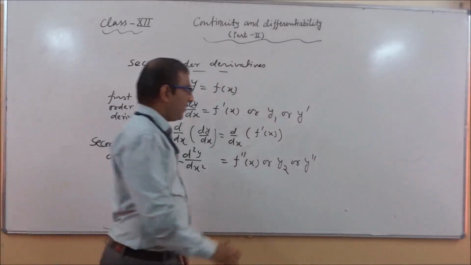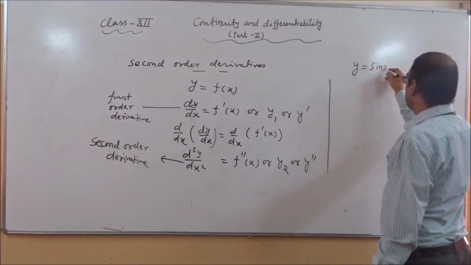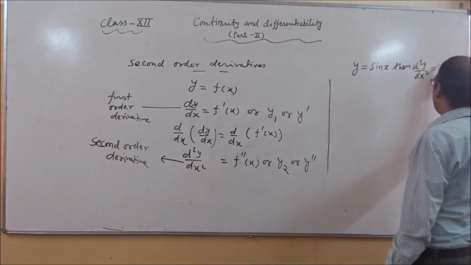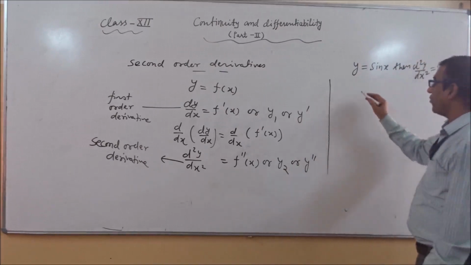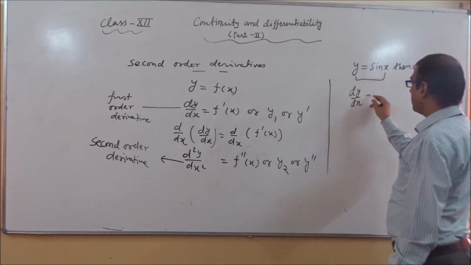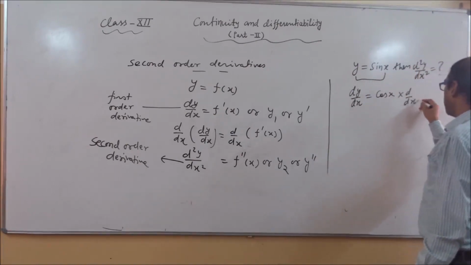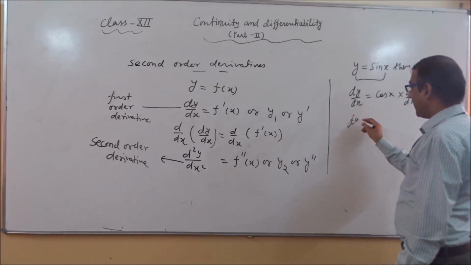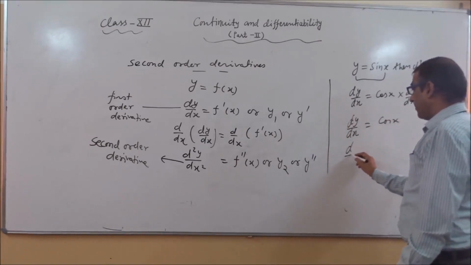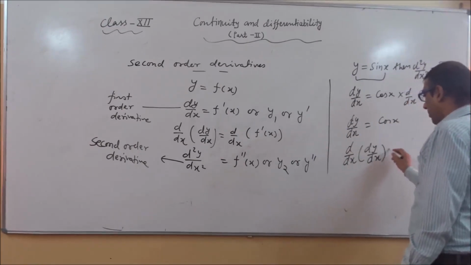Now I am taking one example here. If y equals sin x, then what is the value of the second order derivative? So how can we solve it? y equals sin x is given to us. So the value of dy by dx is cos x into d by dx of x, and when we solve it, we get dy by dx equals cos x. When we do differentiation again, it can be written as d by dx of dy by dx.